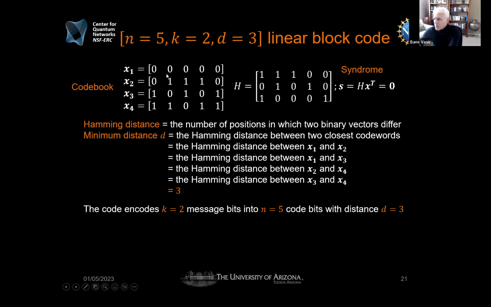So the corresponding distances are 3, 3, and 4, and obviously the minimum distance is 3. You can verify for this code that there are some code words at minimum distance and some code words at larger distance. So this code encodes 2 message bits into 5 coded bits and has minimum distance d equal to 3.